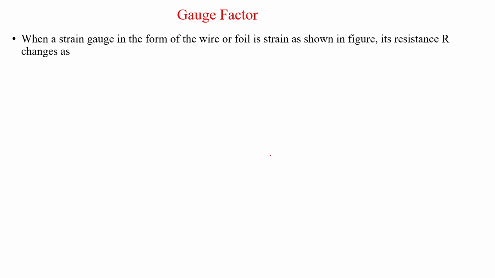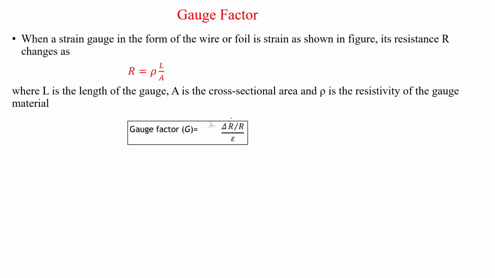Now, our last topic for today is gauge factor. So what is gauge factor? When you apply any current or force to a material, there is some inherent resistance or resistivity of the material.